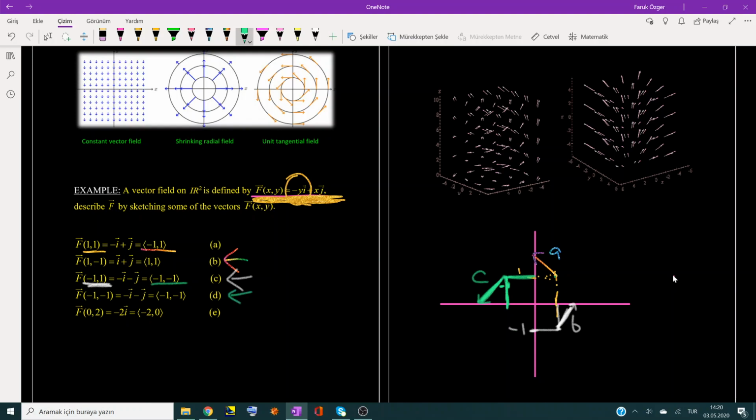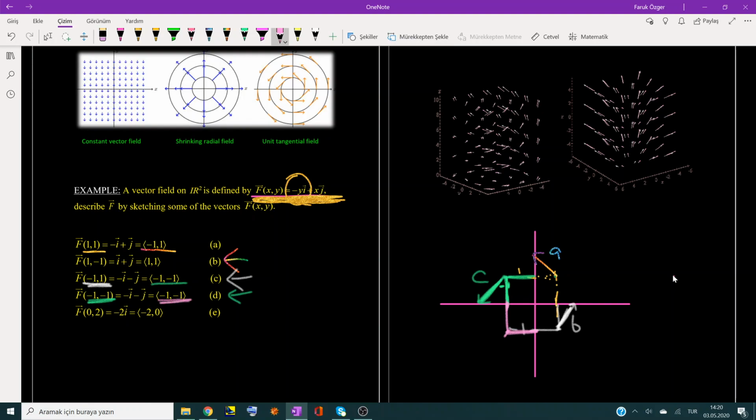Let's look at D. At the point minus 1, this is the point minus 1, right? At this point, the vector field generates the vector minus 1, minus 1.